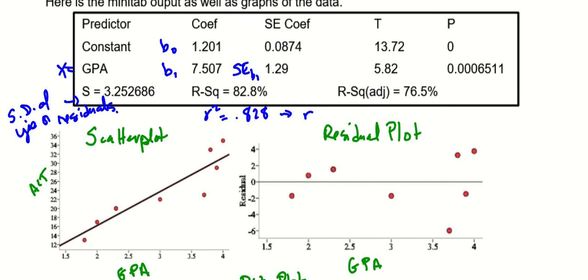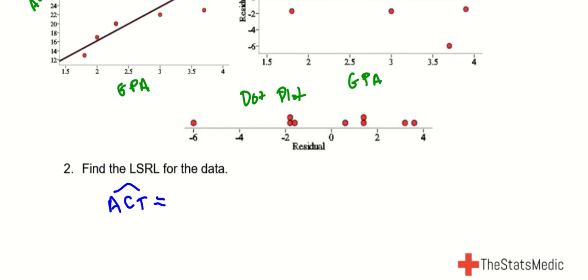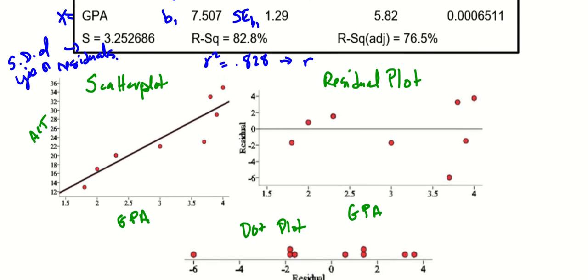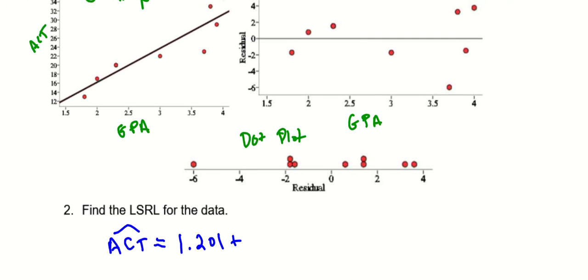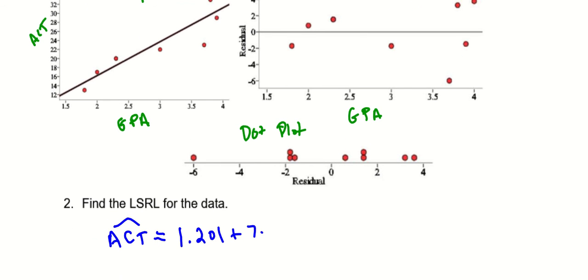And that y-intercept was 1.201, so 1.201 plus our slope, right? And our slope is 7.507 times our x variable, which here is GPA.